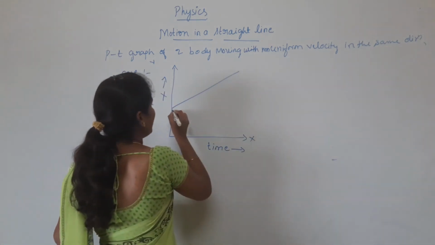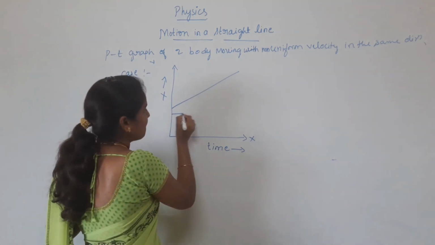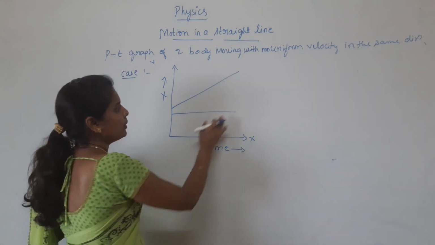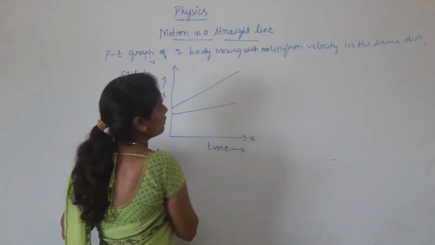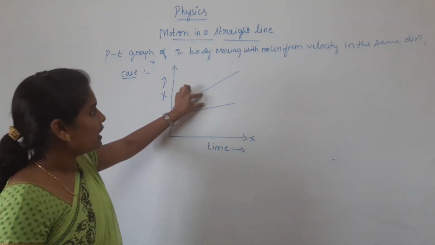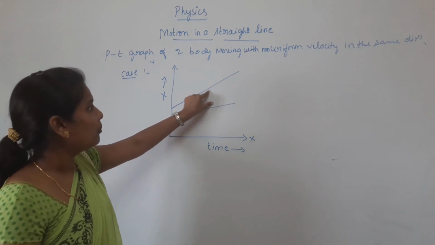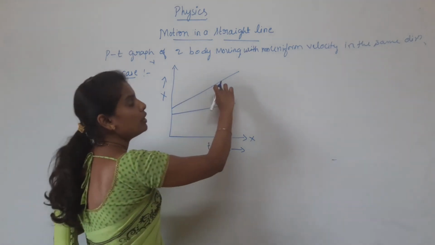This is body A and this is body B. It is not straight, but slightly curved. Observe here that the displacements of these two bodies will not be the same. The displacement will be varying.